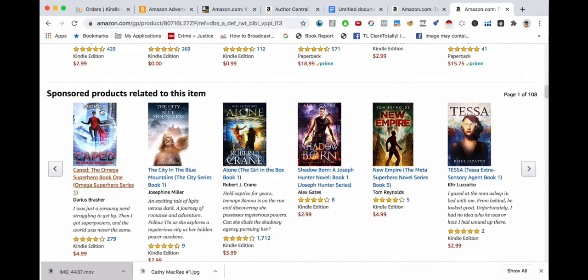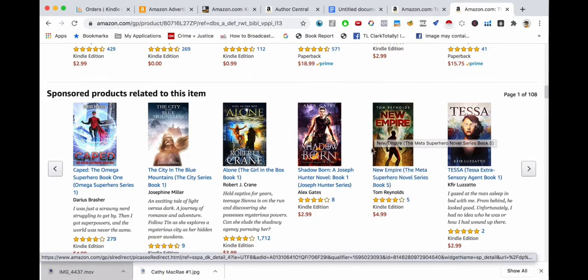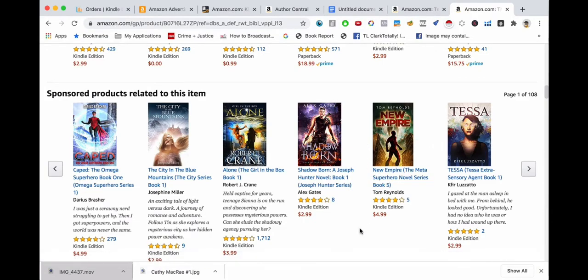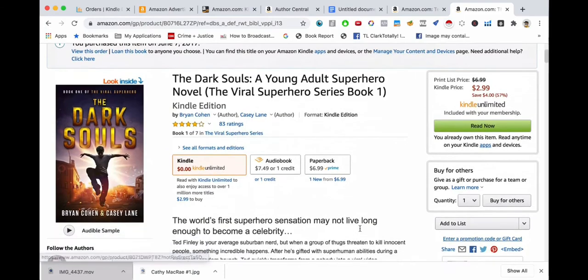And we see things like Caped and Girl in the Box Alone and Tom Reynolds books. So I actually did a trick where I went to the same cover designer they used. I asked them, hey, who designed your covers? And I went to their cover designer. And this is different enough that it's not copying, but it does fit the genre.